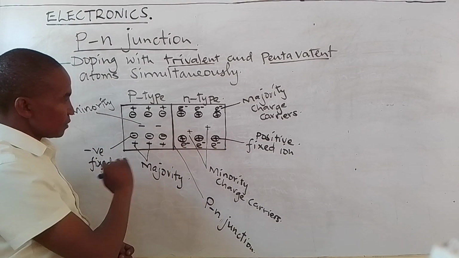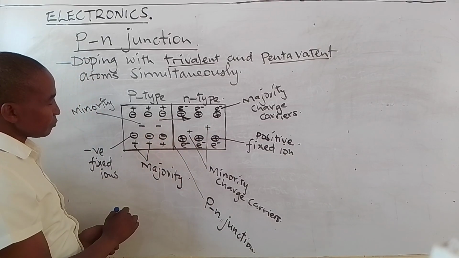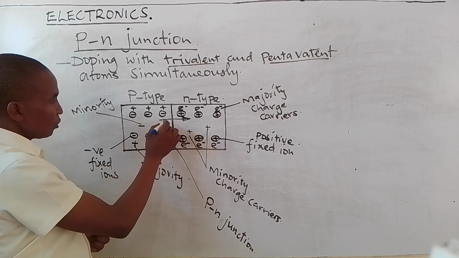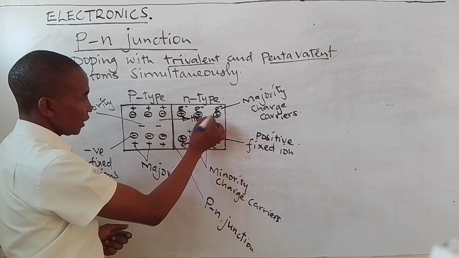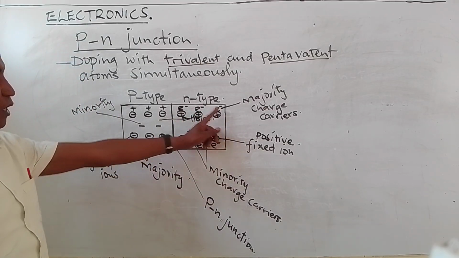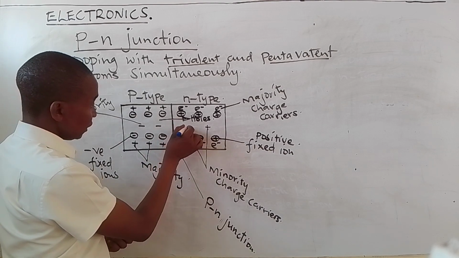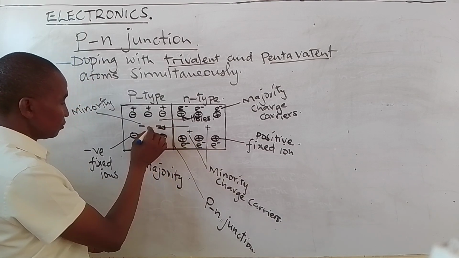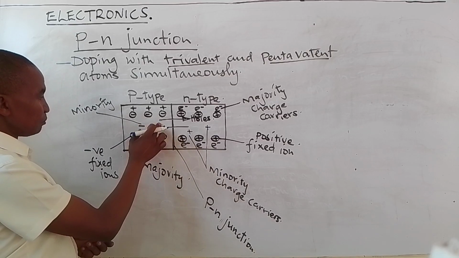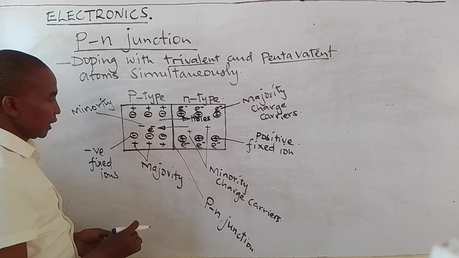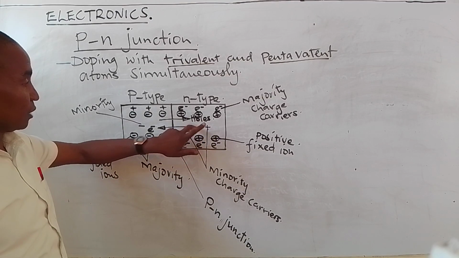So as this happens, holes will flow from the p-type region, where they are the majority charge carriers, to the n-type region. Consequently, electrons will also flow from the n-type region towards the p-type region, where they are majority in the n-type region.